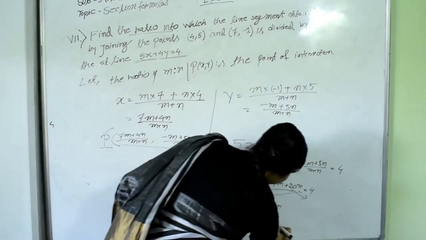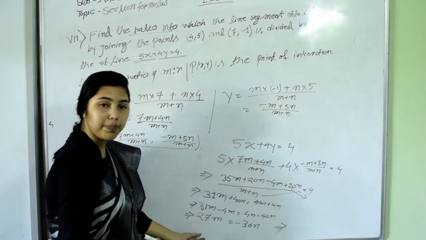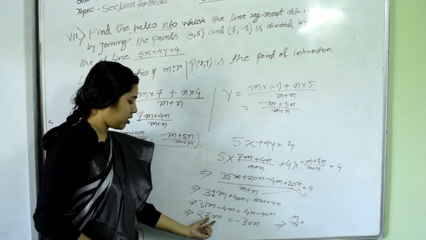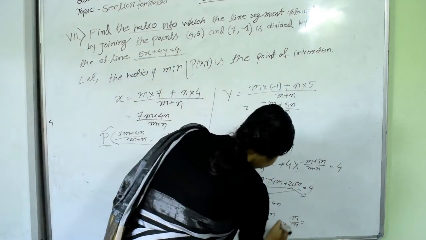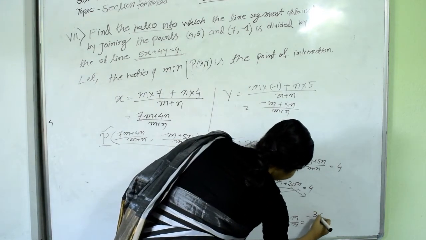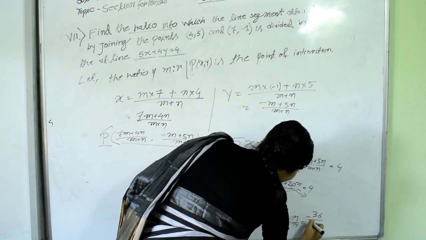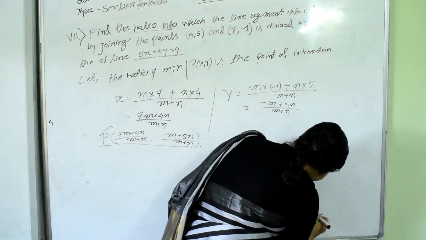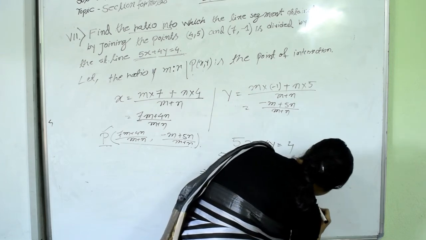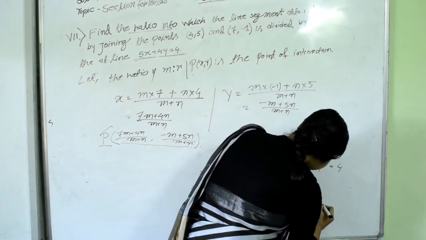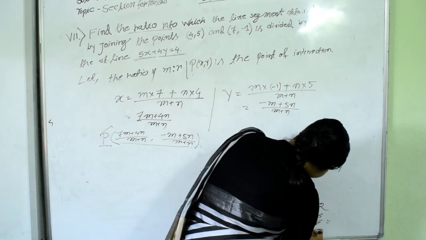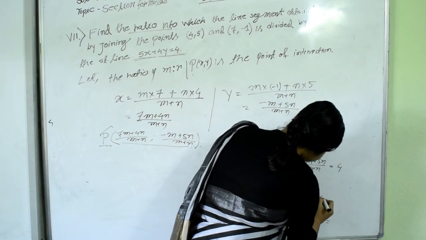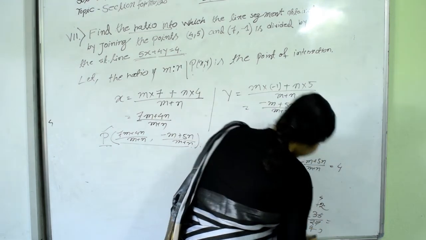So here this implies m by n equals to -36 by 27. Now reduce this fraction. 3 1s are 3, 3 2s are 6 and 3 9s are 27. Again divide by 3, 3 4s are 12 and 3 3s are 9.